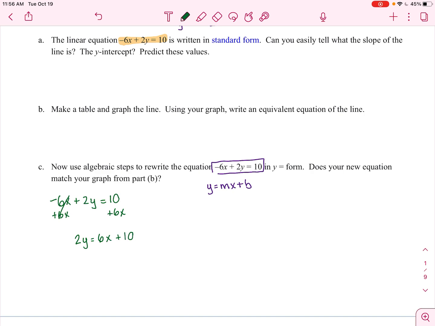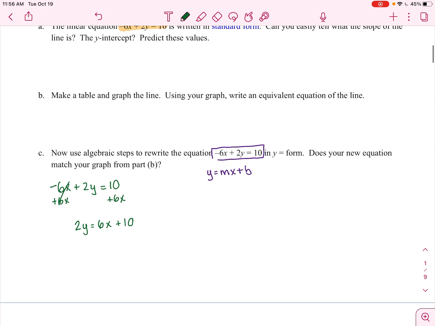We are almost finished, but y is not by itself. It's being multiplied by 2. So let's divide every single thing you see by 2. So we get y equals 6x divided by 2 is 3x, plus 10 divided by 2 is 5.